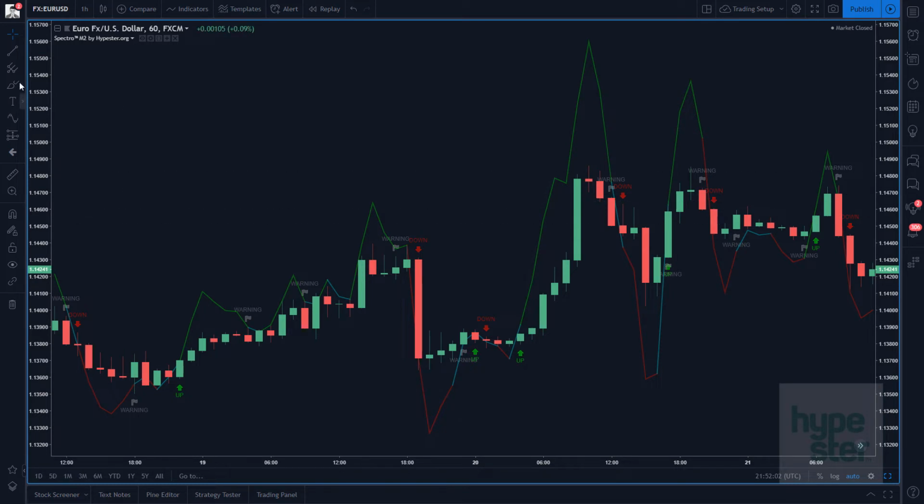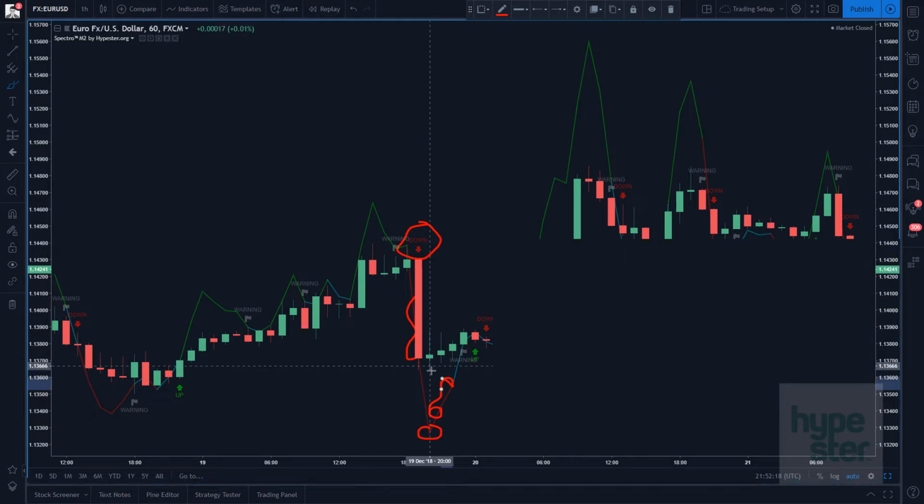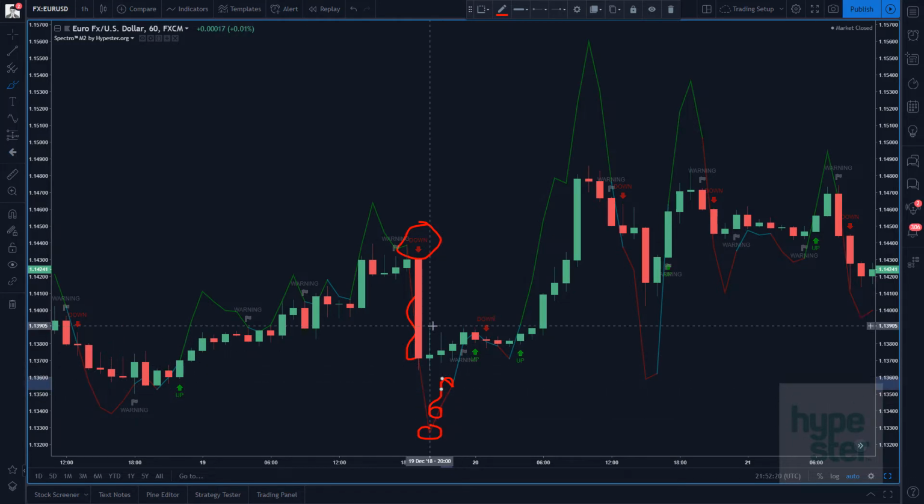For instance, we see this drop here. Boom. Goes all the way down. So from here on, the next candle here, you can see it's going up already. So you know that between this candle, which was the very bottom, and this one, it's very likely that the price is only going up.